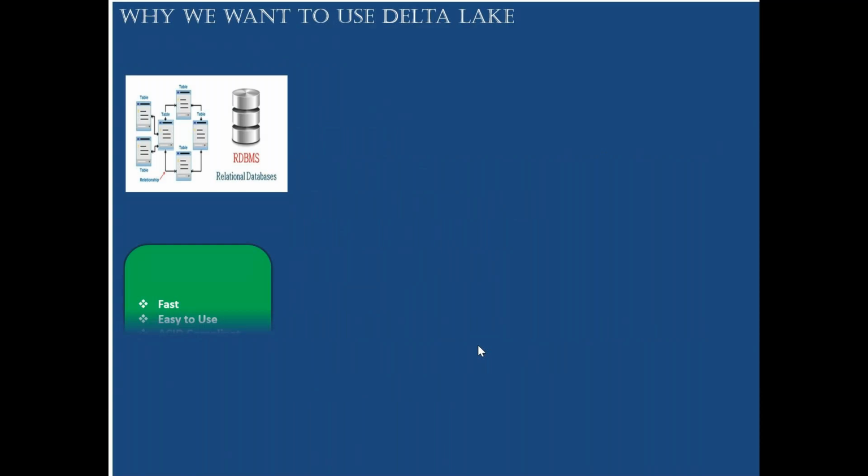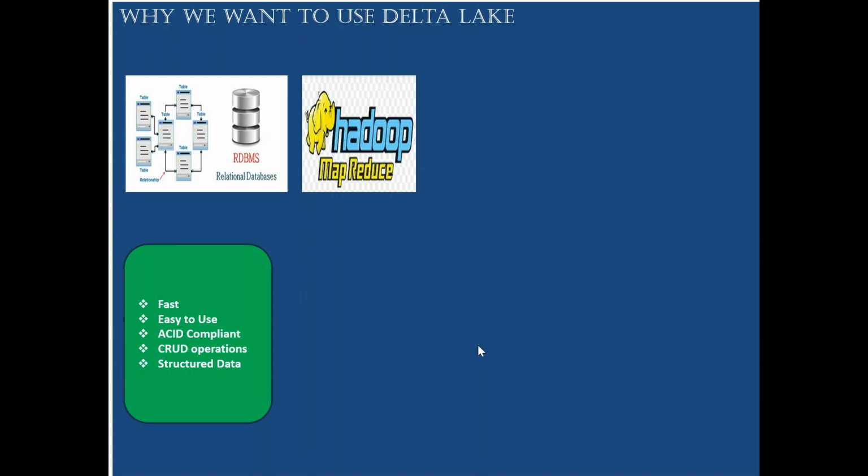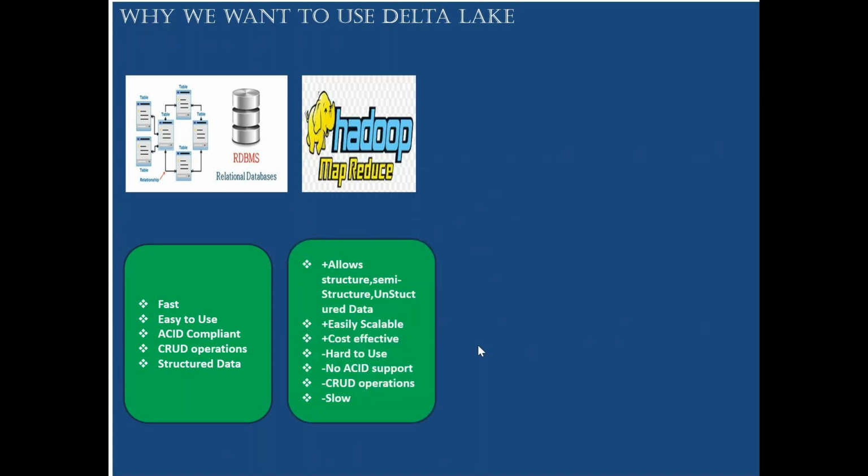Traditional databases: the advantages are that it is faster for querying the data, it is easy to use, it has ACID compliance, and CRUD operations can be applied. But the only problem is it supports only structured data. That's where we moved to Hadoop. In Hadoop, the advantage is it allows structured, semi-structured, and unstructured data, and it is easily scalable.